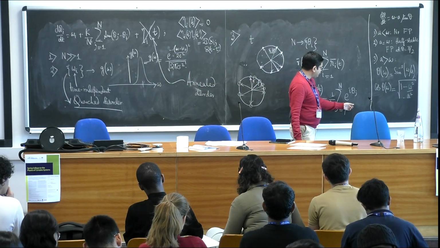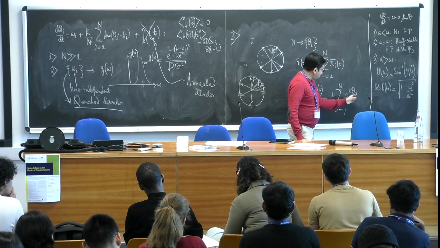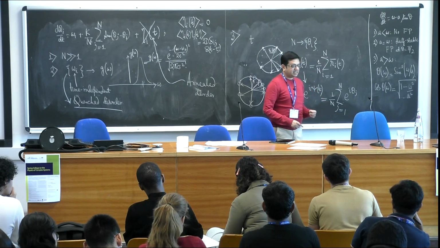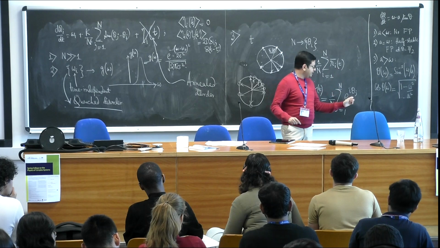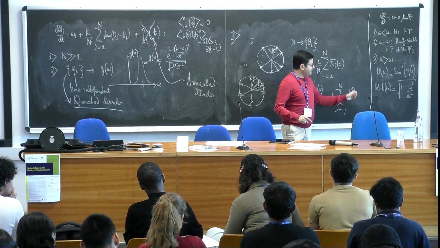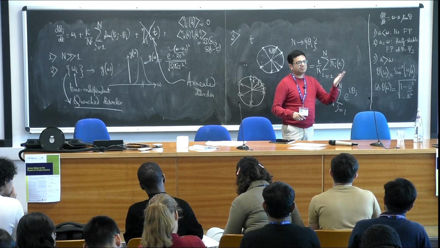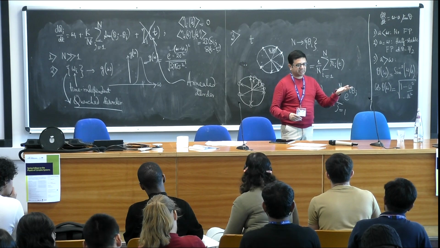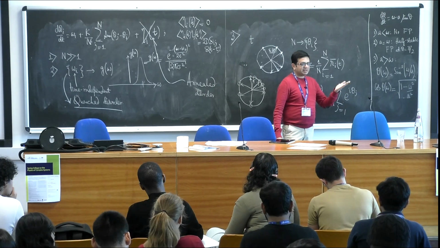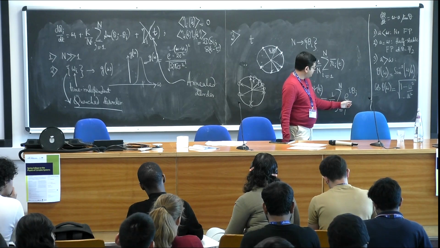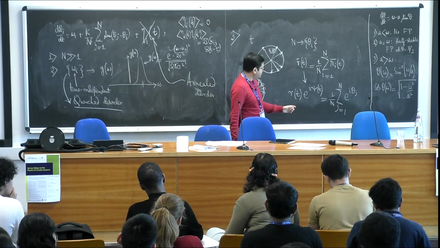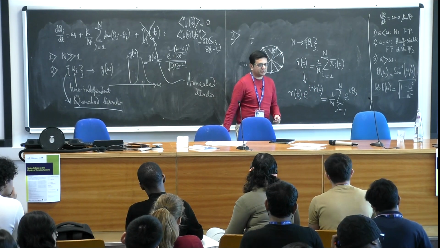So in this language, what it would mean is that if theta j's are uniformly distributed between 0 and 2 pi, then e to the i theta j will have values plus 1 and minus 1 with equal probability, magnitude wise, and then the sum will give you 0, but otherwise you are going to get a non-zero value.